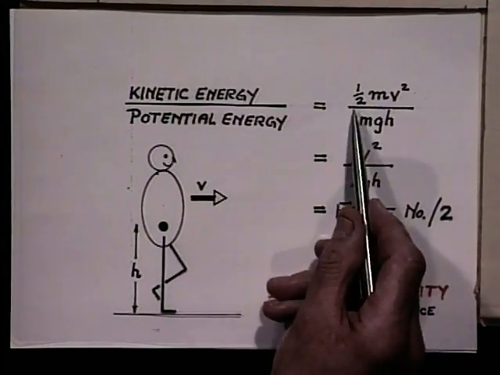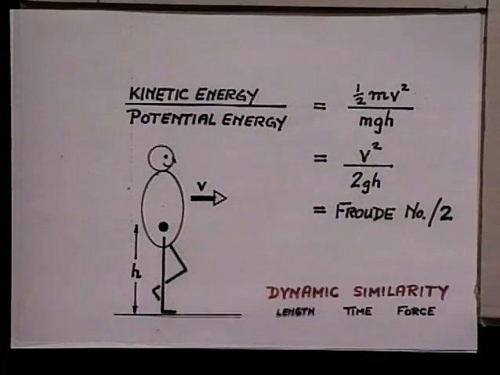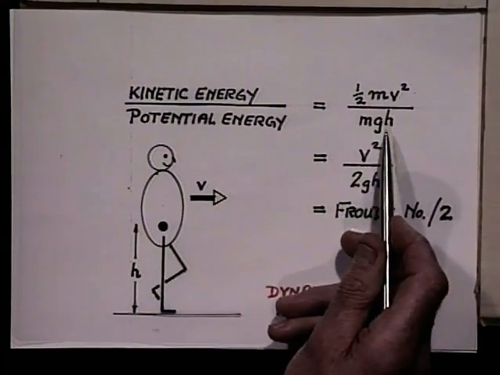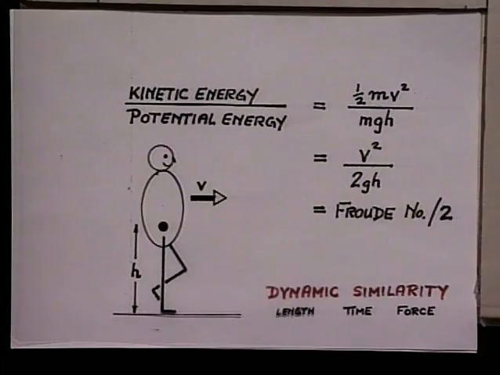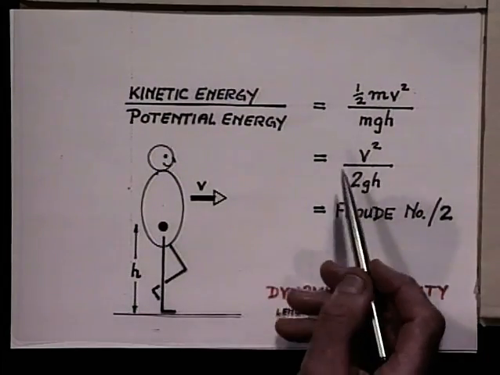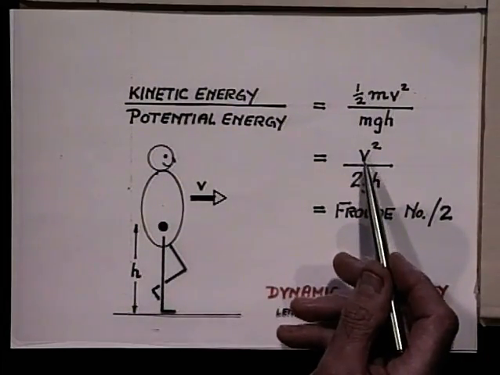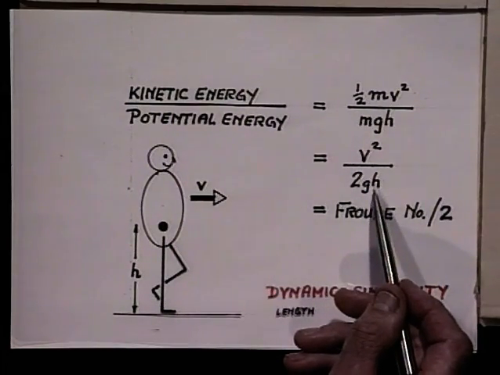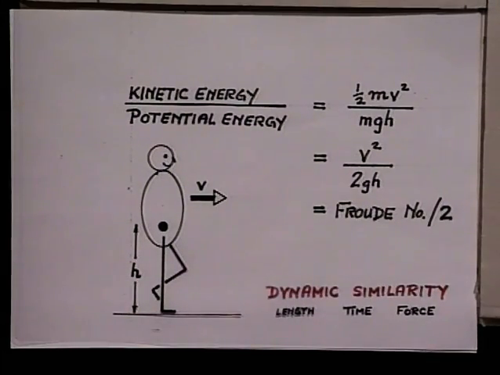Kinetic energy, half mass times velocity squared. Potential energy, mass times gravity times height. Cancel out the m's. Speed squared divided by twice gravity times height, or leg length if you like. And look, we've got half a Froude number.